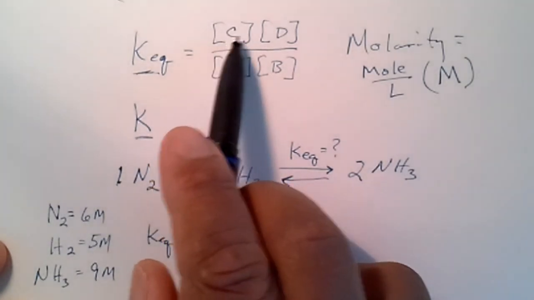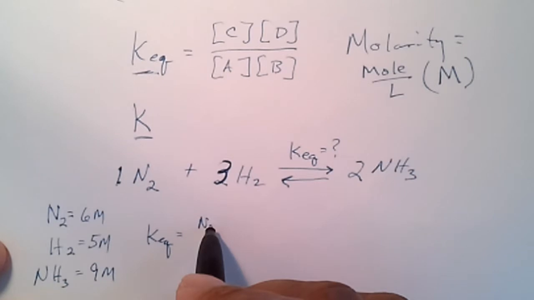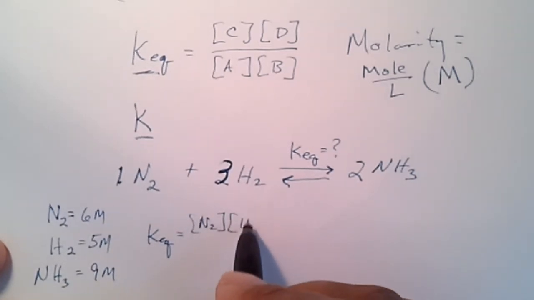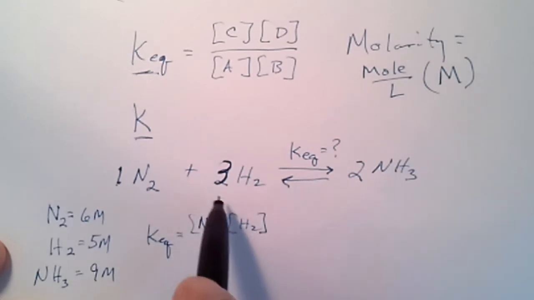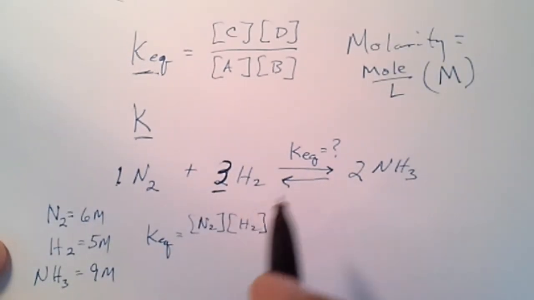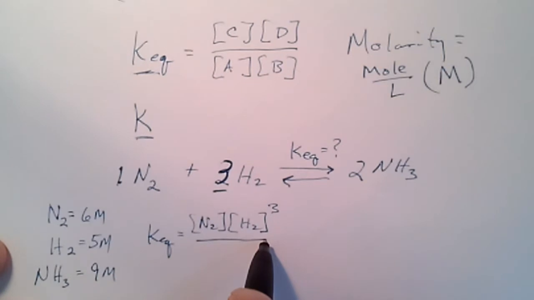Concentration of our reactants, nitrogen, N2, times the concentration of our hydrogen. And because we have a coefficient of 3, this is the exponent of that concentration value.